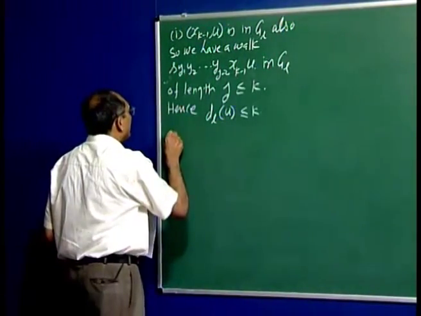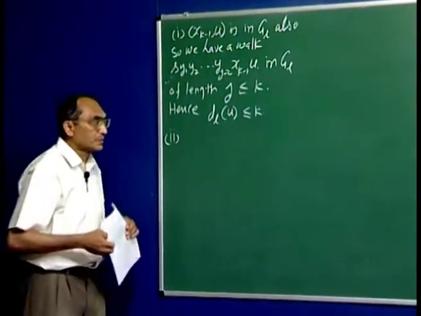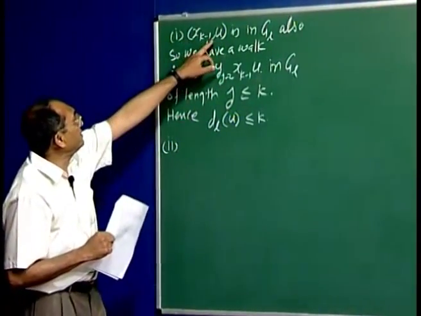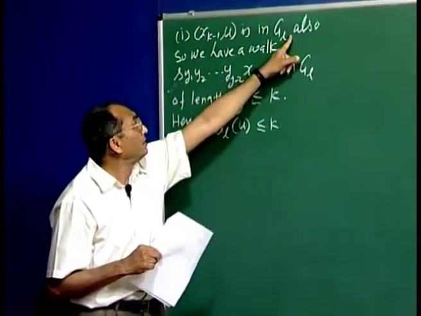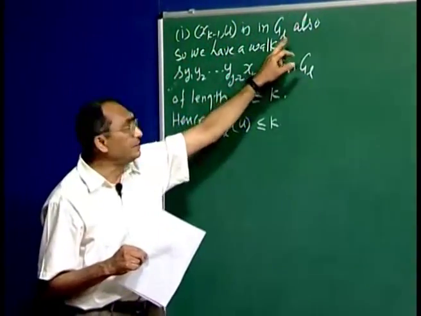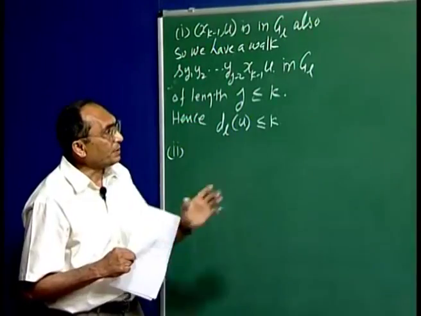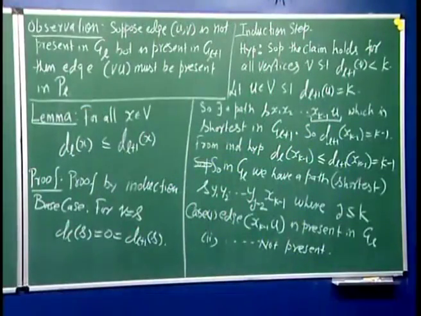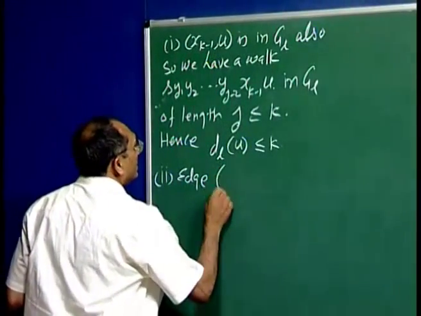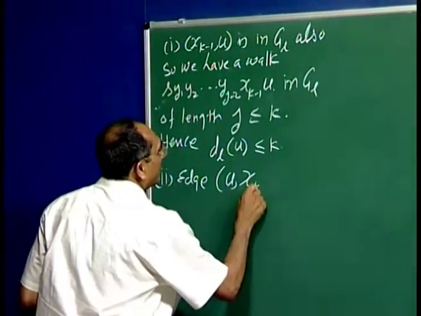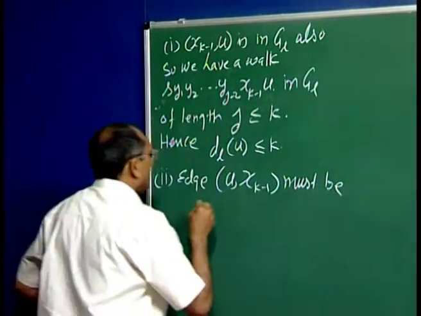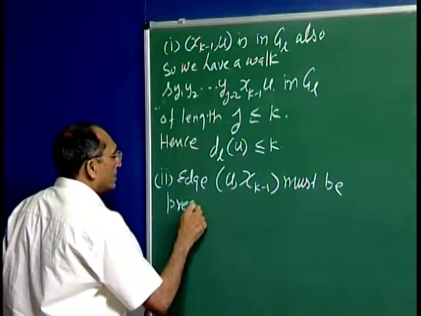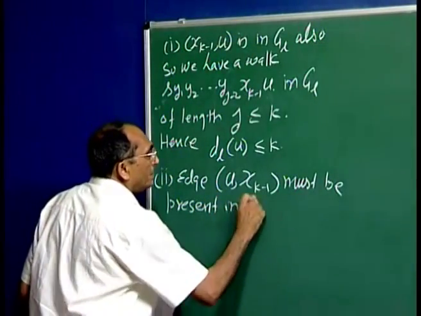Now let us take a look at the case 2. In this case, the edge xk minus 1 u was not present in GL, but certainly was available in GL plus 1. From our observation, we know that edge u comma xk minus 1 must be present in PL.